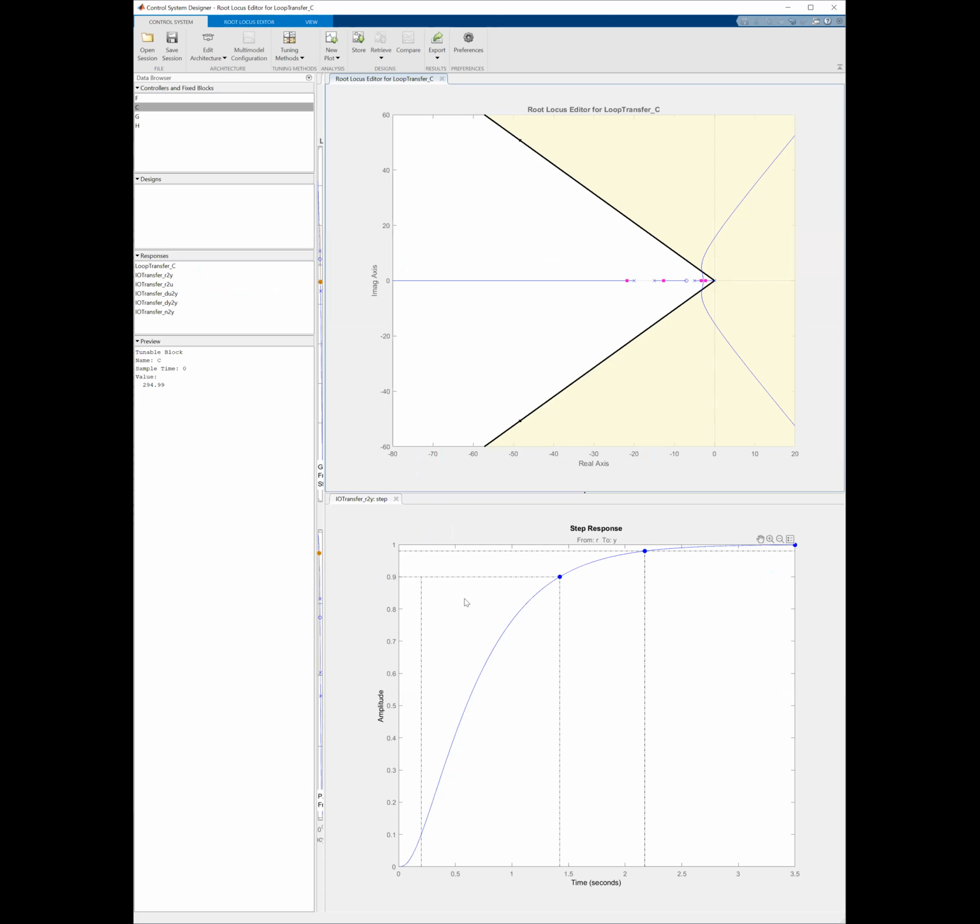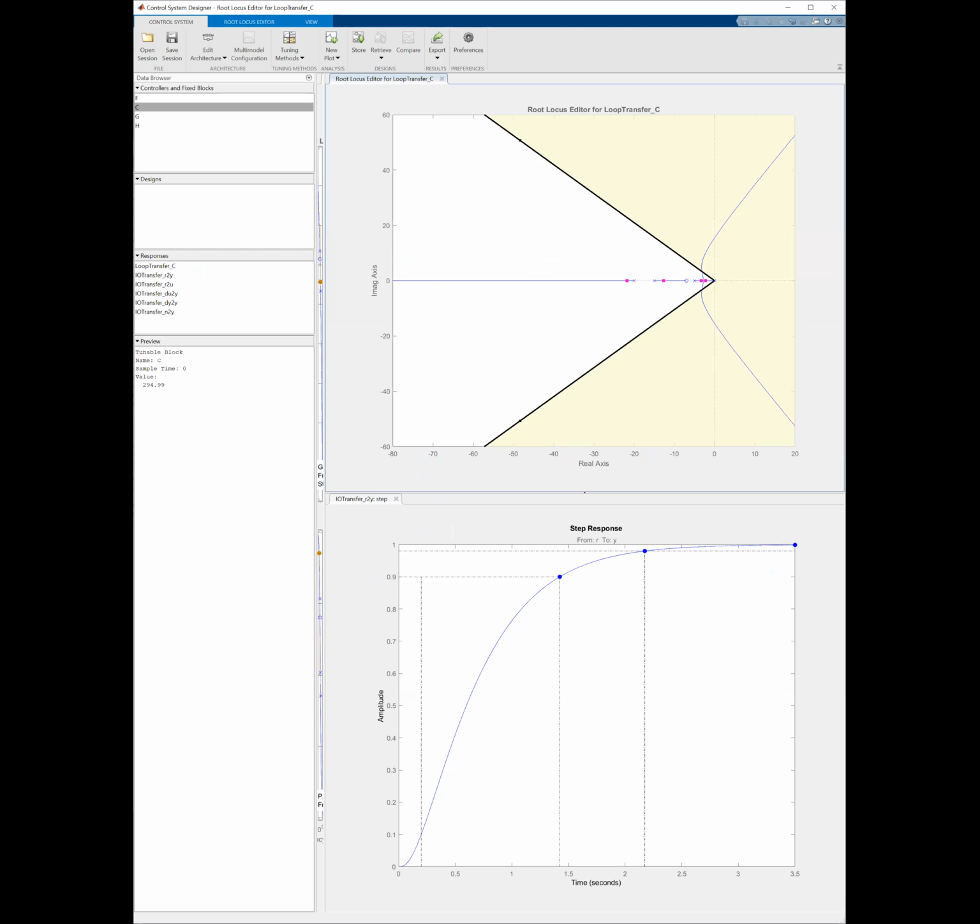Can you see that this root locus, all of a sudden, certain part became yellow and certain part became white.